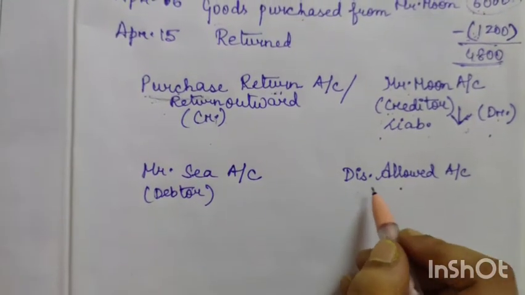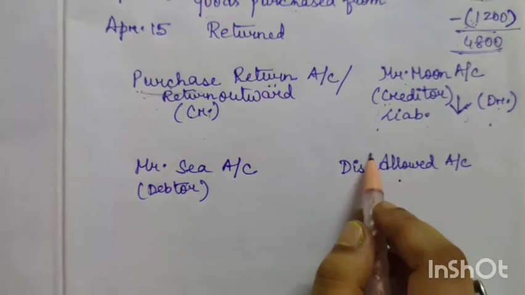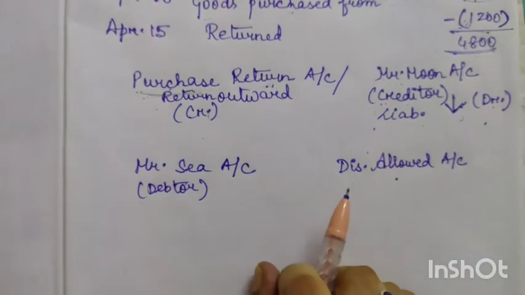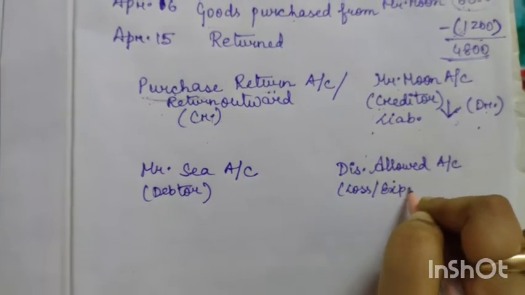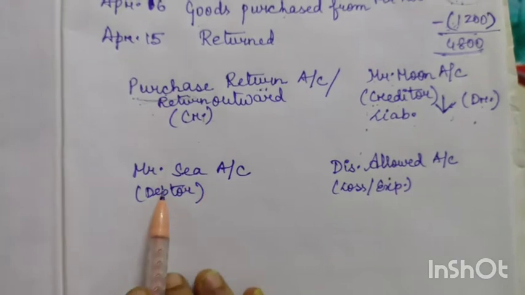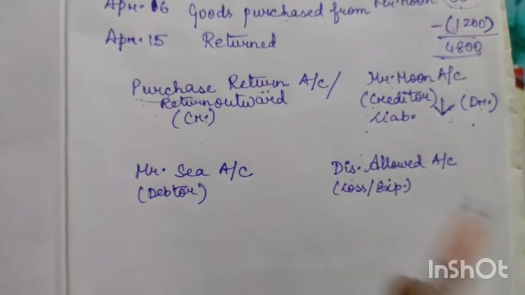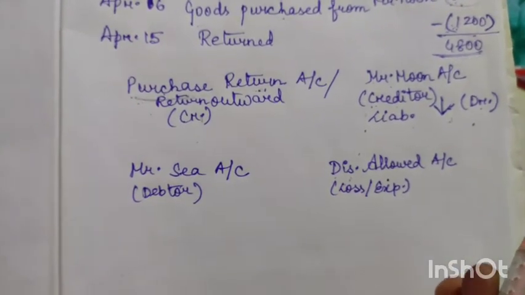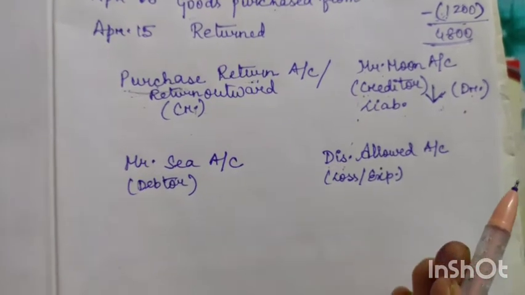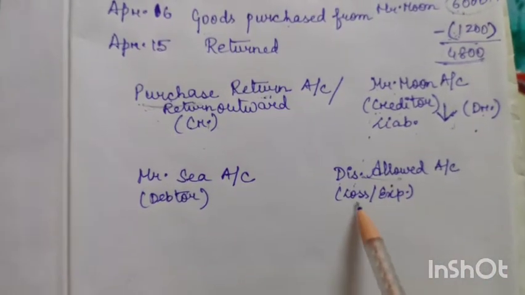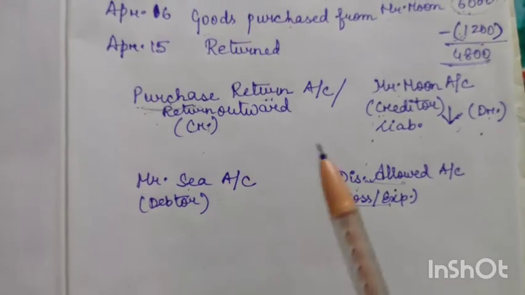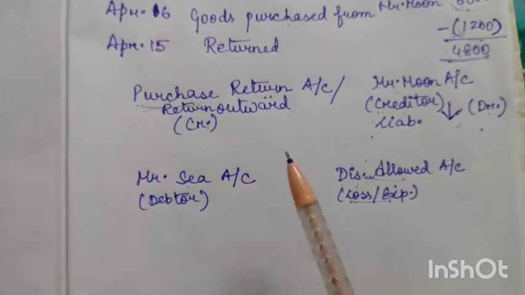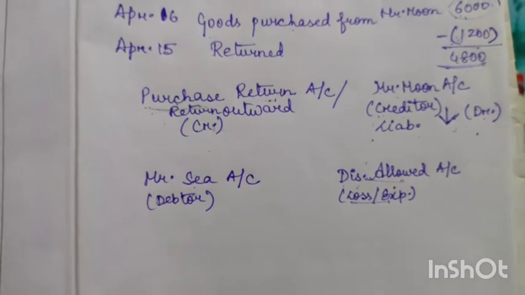So now see, discount allowed, we have allowed him discount, right? So it is a kind of a loss, or you can say expense for us, because the amount which we are supposed to receive, from that particular person we are going to get less amount. Okay, so discount allowed is an expense or loss. And see, if that particular person will pay us the money, then obviously from his balance we need to deduct that amount. Am I right?